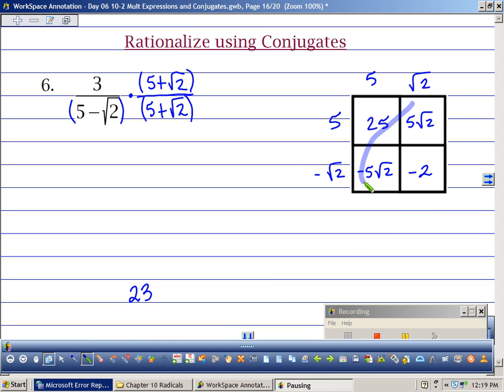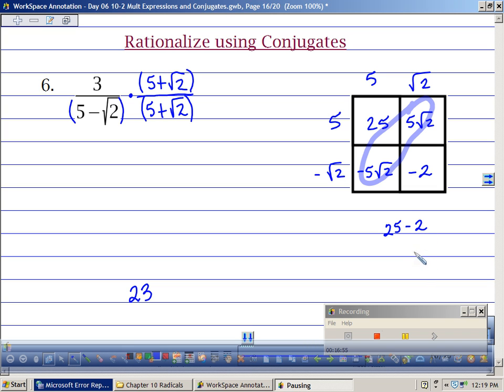These cancel each other out. So I'm just left with 25 minus 2, the difference of two squares. That's this squared, right? 5 squared minus rad 2 squared. That's what it is, right?